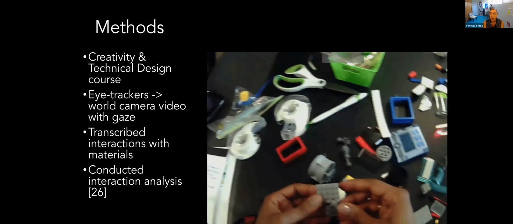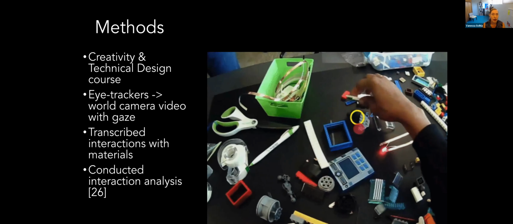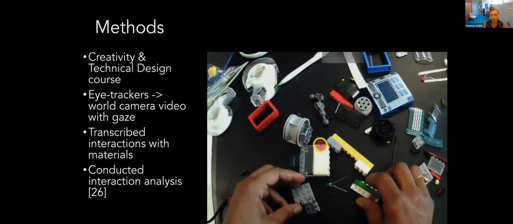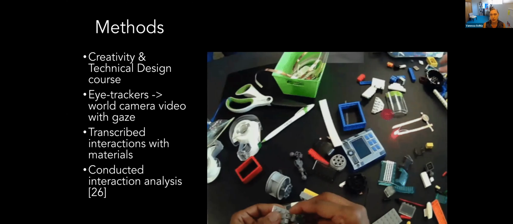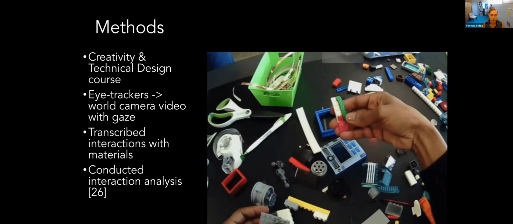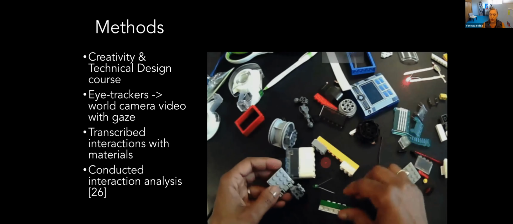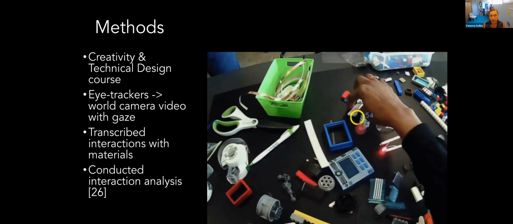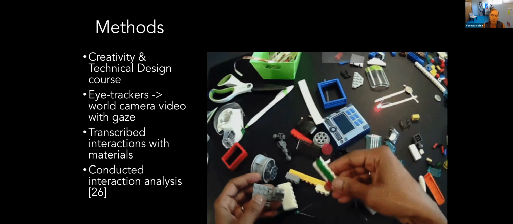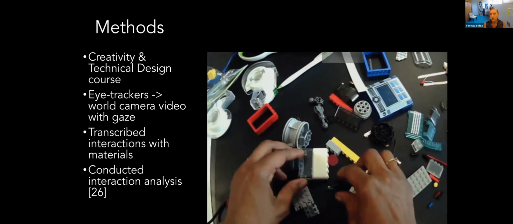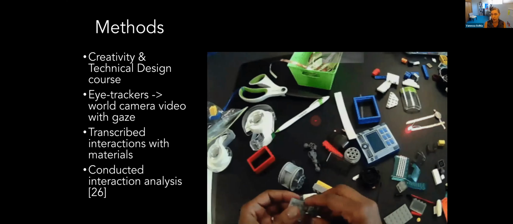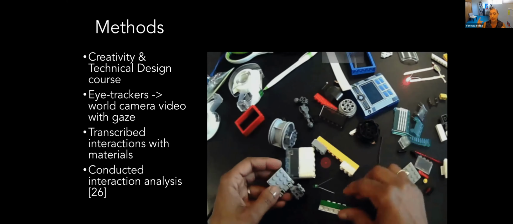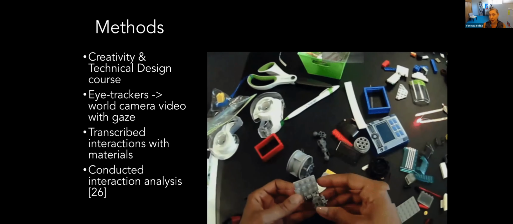I teach a creativity and technical design course, and we really emphasize the idea of documentation of process, really trying to get students to document and reflect on their creativity across materials over time, with specific strategies they can use.